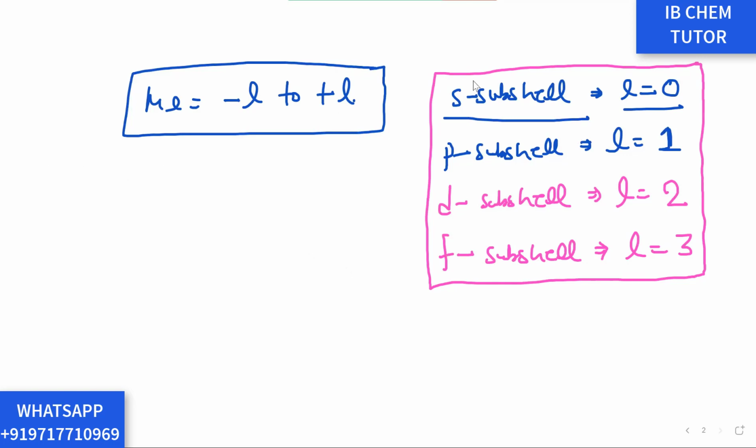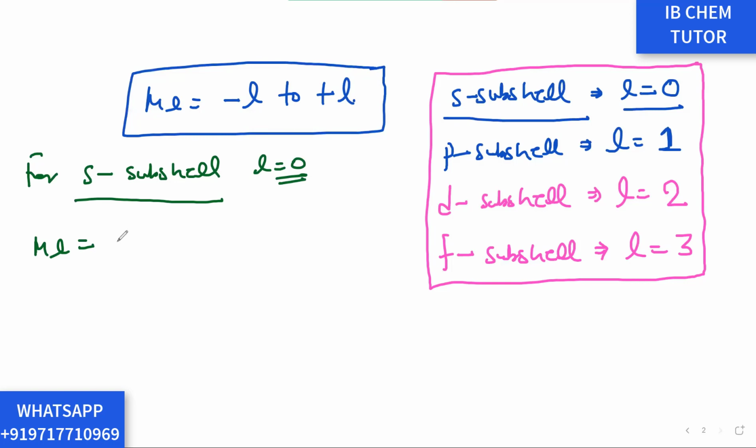Now take an example. I have to find out the number of orbitals in the S subshell. First you can apply the formula, then you can simply remember it. There's nothing much to do in this. For the S subshell, L is 0.